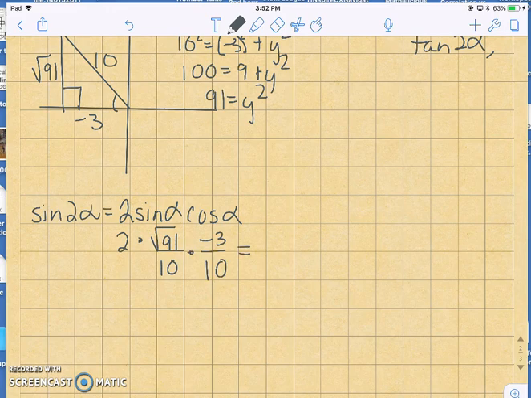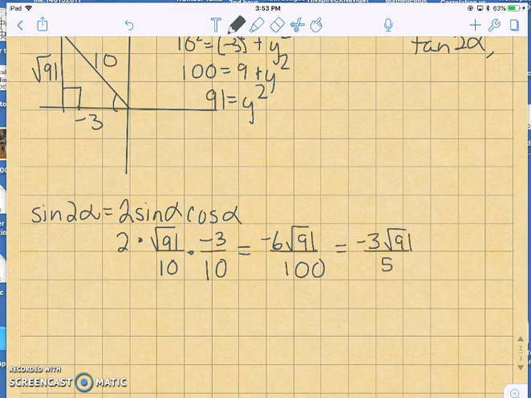So that would equal 2 times negative 3, negative 6, the square root of 91 over 100. We can reduce that down: negative 3 the square root of 91 over 50.